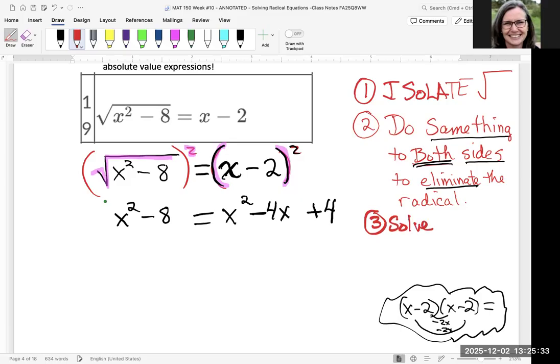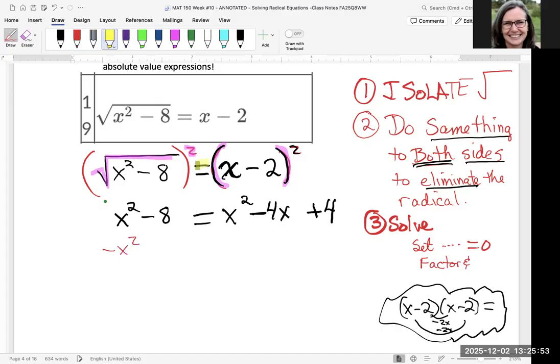Solve this equation. Some of the tools that we have to solve is set your equation so it equals 0, because then we could factor and use the zero product property. So I'm going to subtract x squared from both sides.